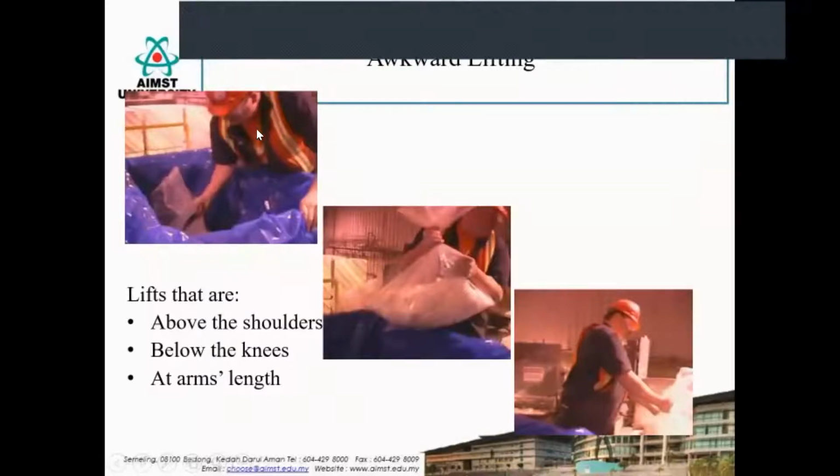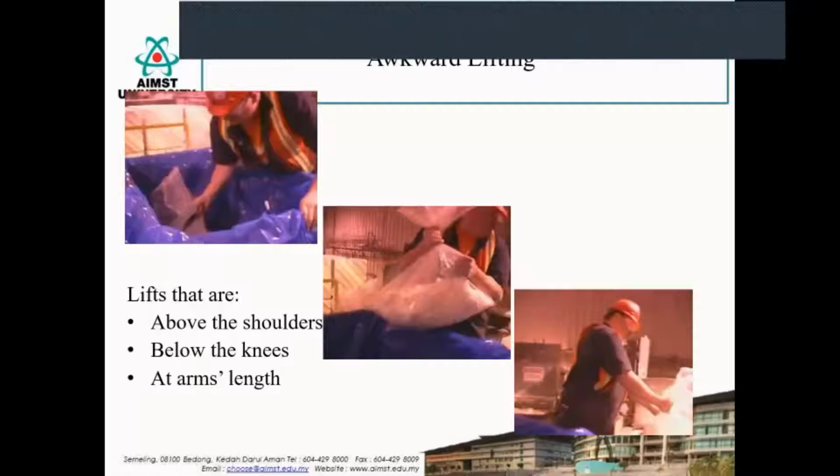This is an awkward lifting posture. In the second, can you make out the person has twisted his body? You can see clearly he has twisted the body and he is unloading the weight. So this is an awkward lift.